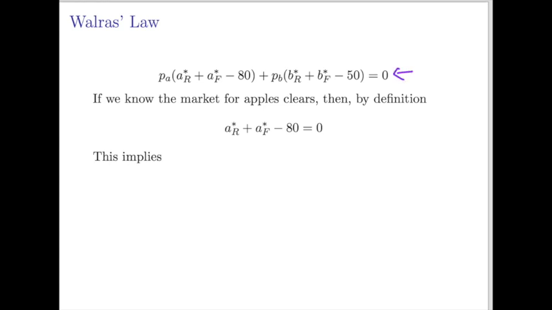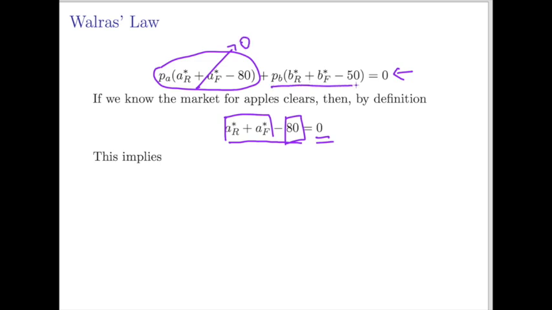Now, we're looking for an equilibrium, and let's suppose we've found prices that cause the market for apples to clear. In other words, they cause the market for apples to have 0 excess demand. So the market demand for apples and the supply of apples are equal to one another, which is why there's 0 excess demand. Well, if that's the case, that means this first term is equal to 0.